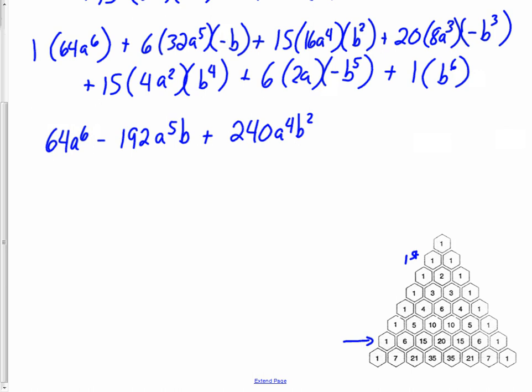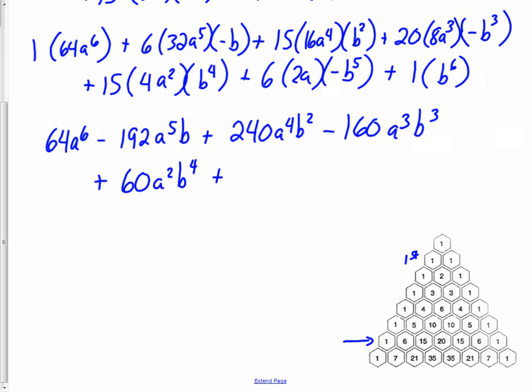And then I have 20 times 8 times negative 1. That'd be a negative 160, a cubed, b cubed. And then I have 15 times 4, which would be 60, a squared, b to the 4th.